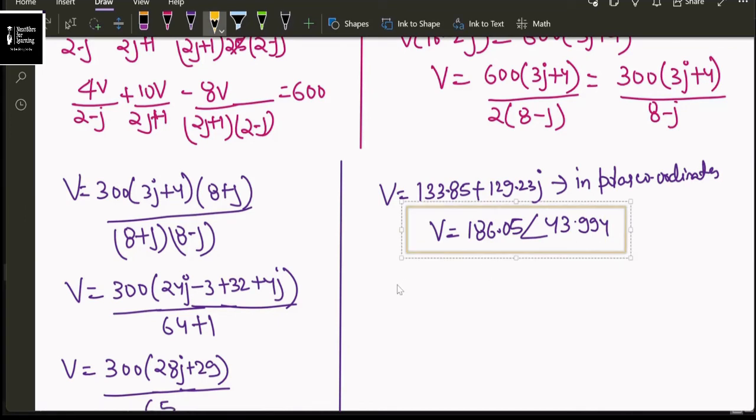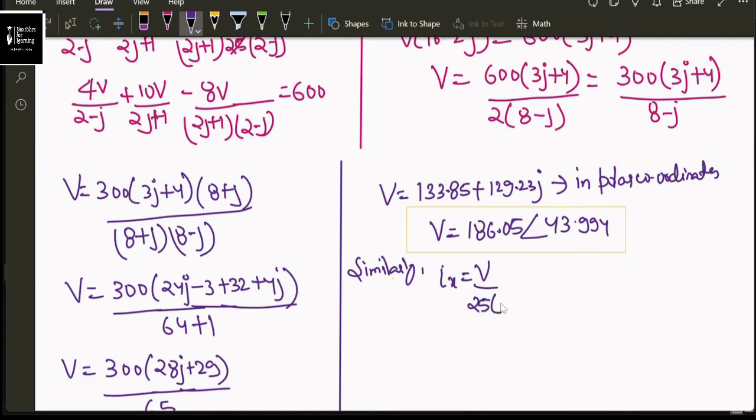Similarly, we can also obtain the value of Ix in the polar coordinates. We have obtained the value of Ix in equation number 1. Putting the value of V, before that we will write the polar coordinates of the denominator.